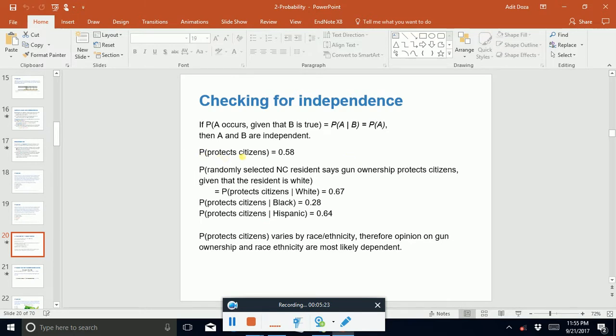So protecting citizens, the common view for everyone, is 0.58. This is the example from the last question, right? If you take a look, the probability of protects citizens given that white is true is 0.67.